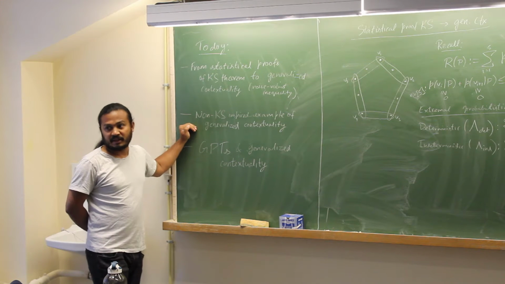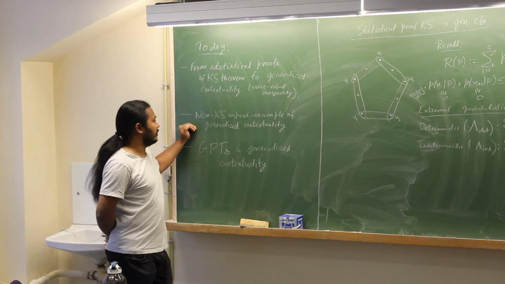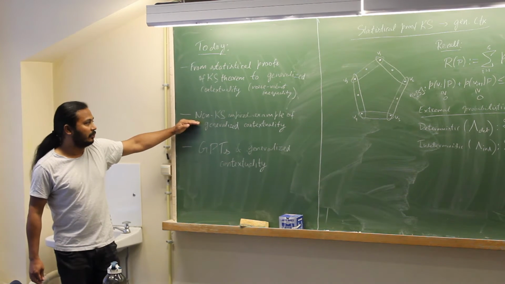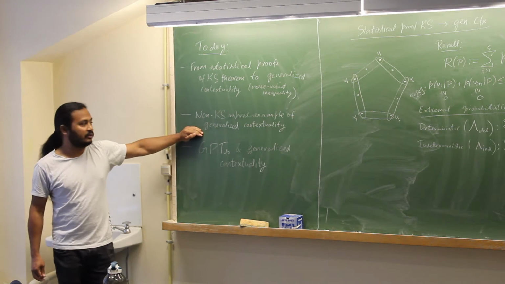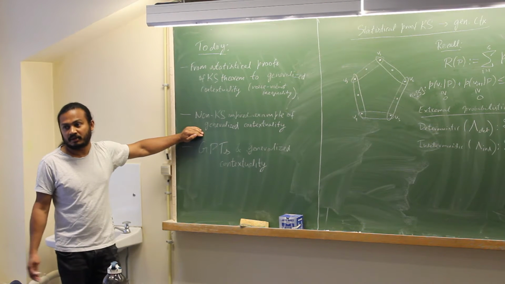You don't necessarily need to know the quotient spectral theorem to work with it. So I will give you a very simple example of a proof of generalized contextuality that is not inspired by the quotient spectral theorem.